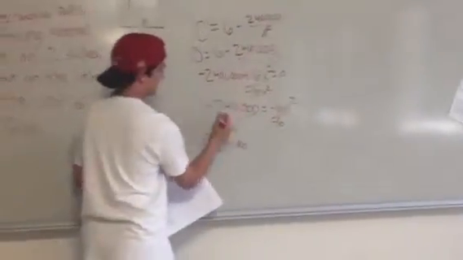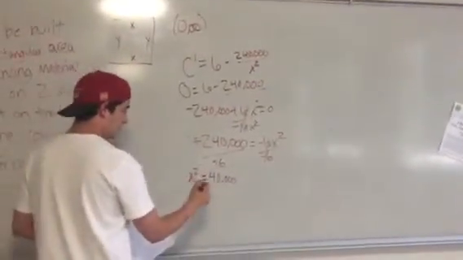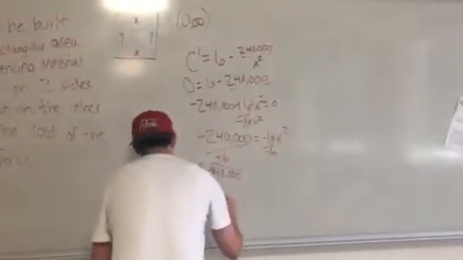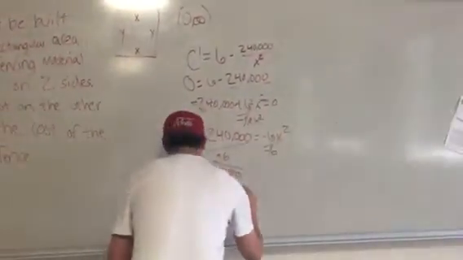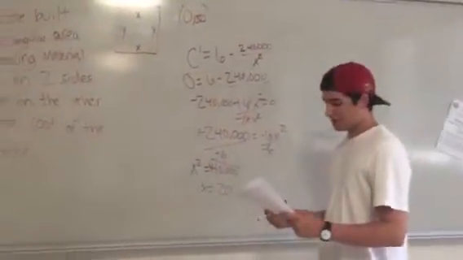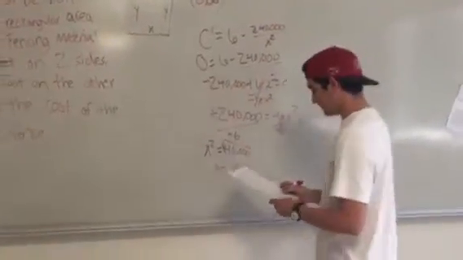As you see, both sides become positive, being a negative and a negative. And when you take the square root of 40,000, x is going to equal 200. Now, x also equals negative 200, but the only critical number in your domain is positive 200.